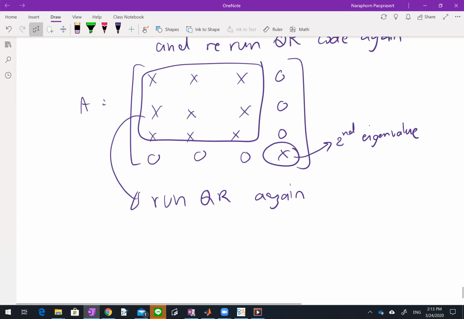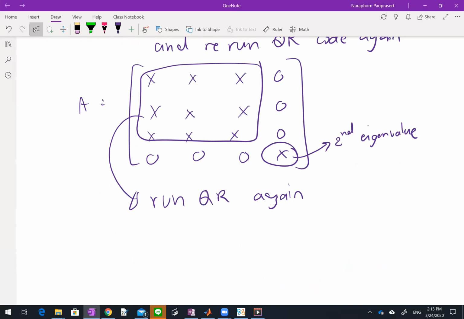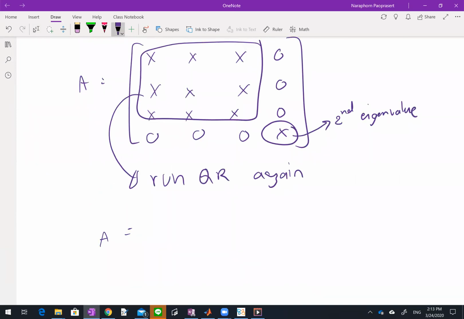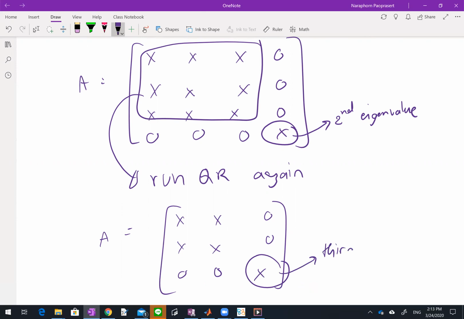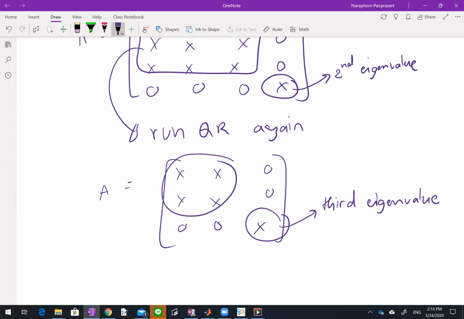Once you run the QR again, your new A might look like that. So this is your third eigenvalue. And again, you're going to run this one again. And this is the final time.